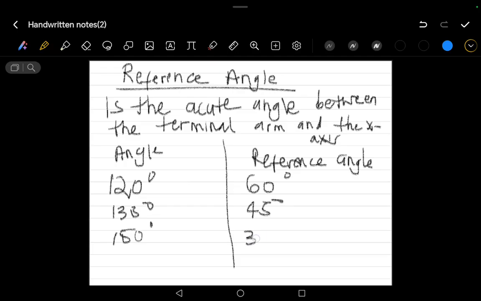To 30 degrees. And if we have 210 degrees, we can refer to what? To 30 degrees.